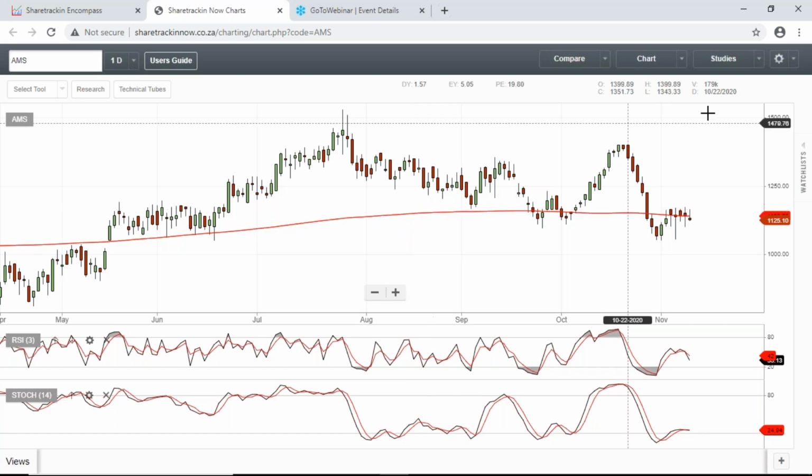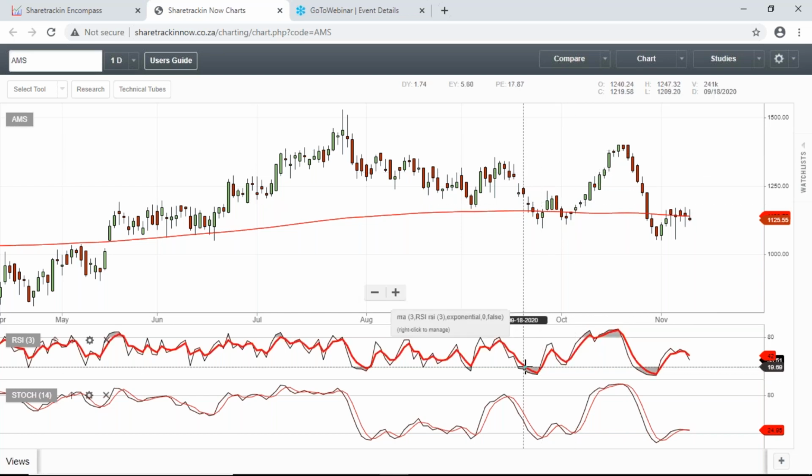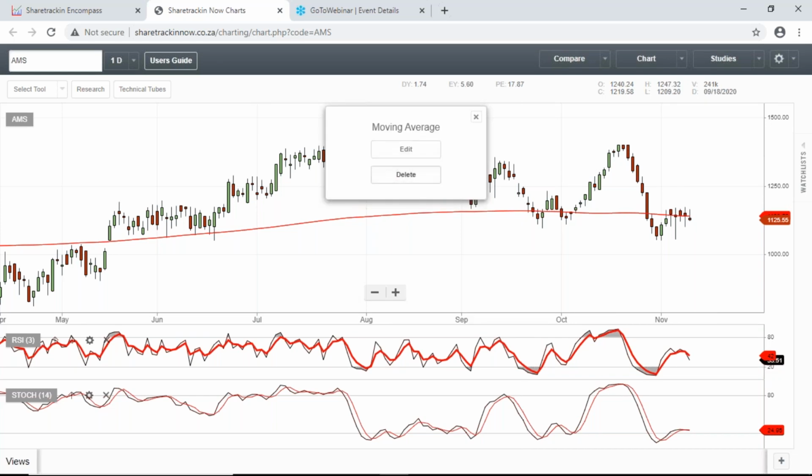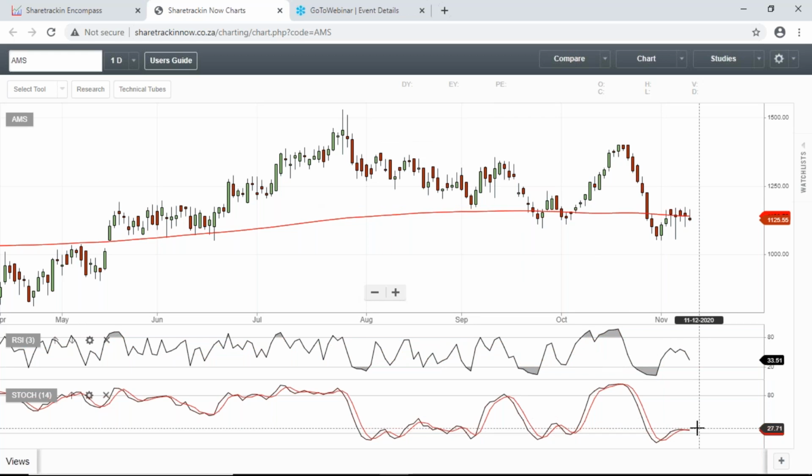Since the 22nd of October, this share has been dropping a bit. But if I look at my RSI, and I look at my stochastic, both indicate that this share is still dropping. So at this stage, I will not go and buy into that share.